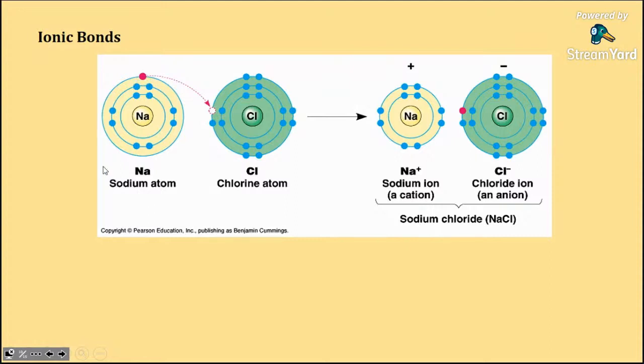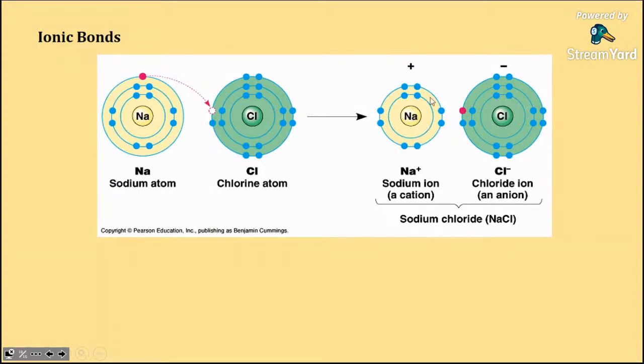So as a result, sodium being metallic is going to transfer that electron over to chlorine. Chlorine gains that electron, and now notice sodium is 1s2, 2s2, 2p6. This has the configuration again of neon, a noble gas.